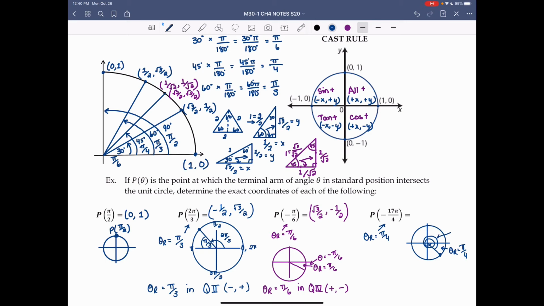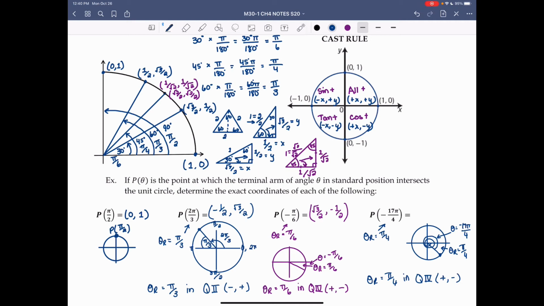Our angle is negative 17 pi over 4. We're in quadrant 4, so we have a reference angle pi over 4 in quadrant 4, which means x is positive and y is negative.